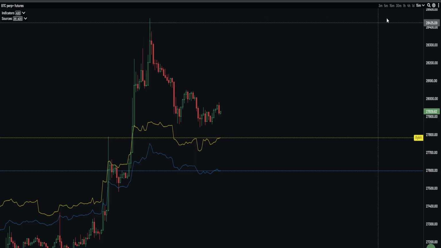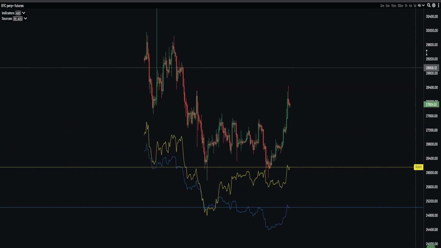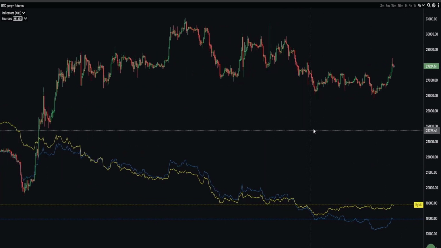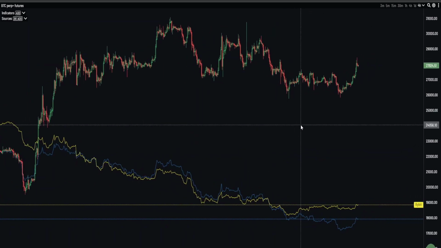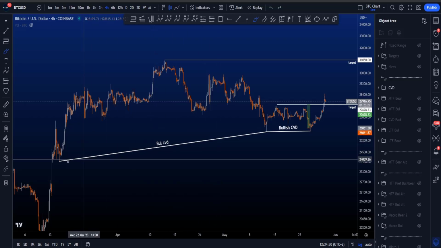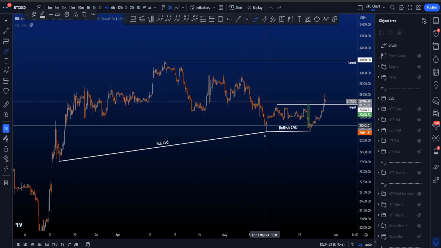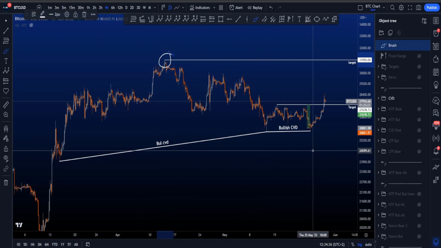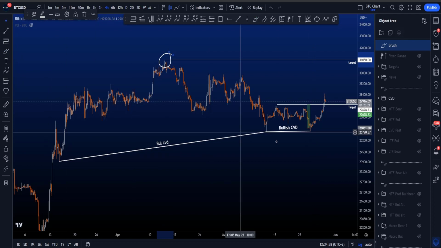But on the CVD, you can find this website and the template in my Discord, as well as everything explained in the video at the end screen, look at the CVD lines, how low they are. Much lower lows on the CVD, but a higher low on price, which is a bullish divergence also on the 4 hour or maybe even a daily time frame, you can argue, where the target is then the 31k area. So that is why the 31k area is quite interesting.